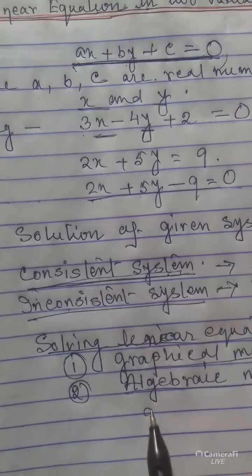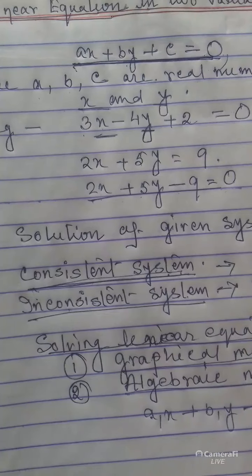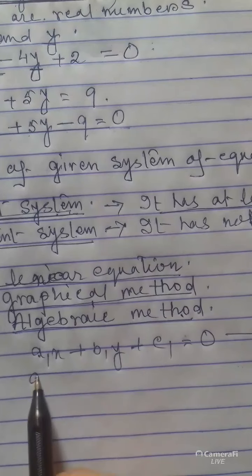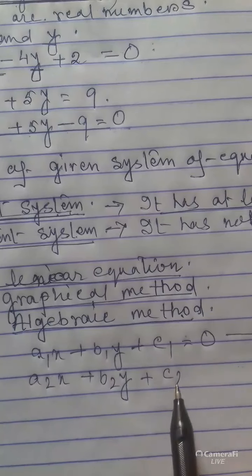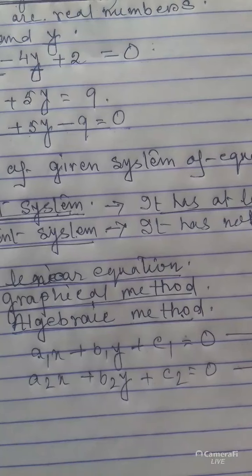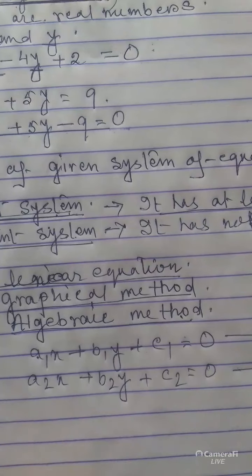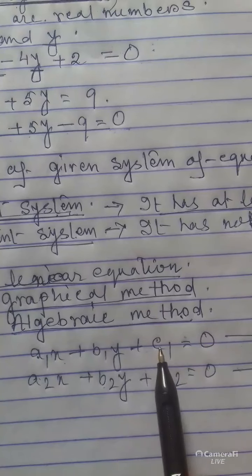In the graphical method, let the given system of linear equation be a1x plus b1y plus c1 equal to 0.